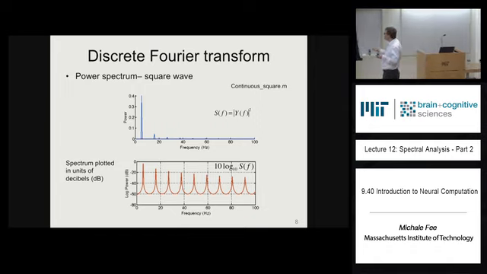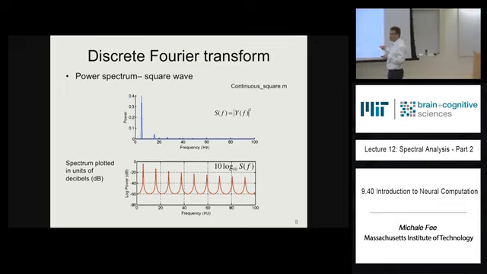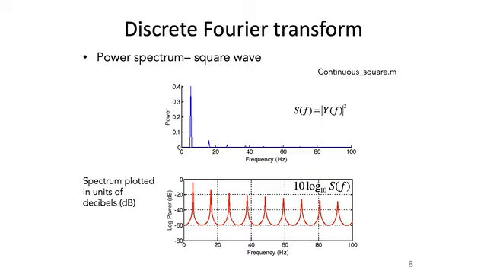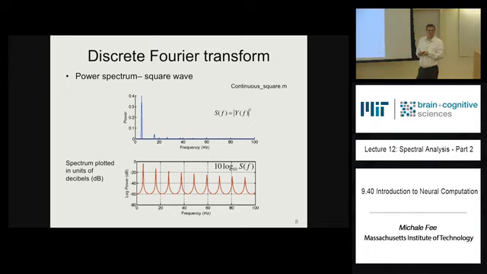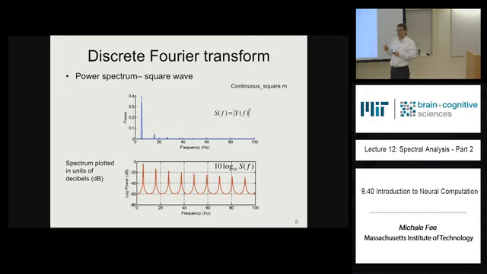So if a signal had 10 times as much amplitude, the power would be how much larger? If you had 10 times as much amplitude, how much increased power would there be? 100 times, which is how many bels? Log base 10 of 100 is 2.